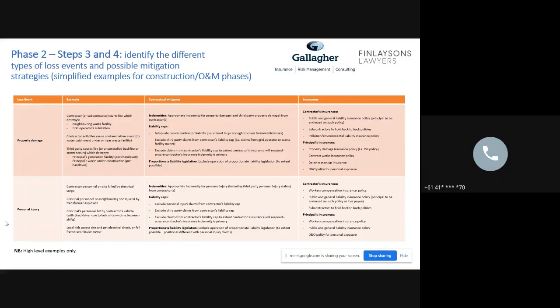Proportionate liability legislation, without going into too much detail into the law, what we see from the construction legal industry is sometimes there is a claim that an owner has against a contractor for some kind of issue that's arisen on site, and the head contractor might seek to say that they're not responsible or they're only partly responsible for the problem.